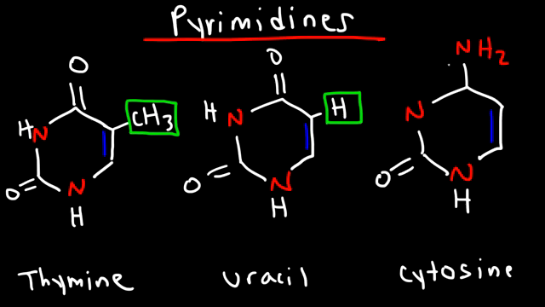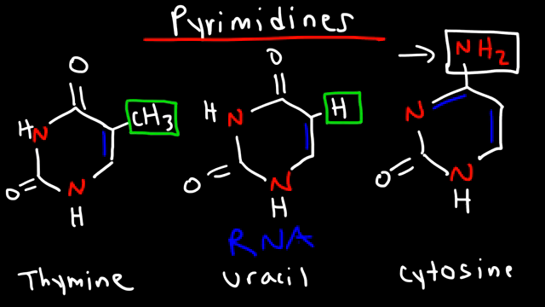It has this NH2 group in this position. In addition to that, it also has a double bond between positions 3 and 4. So those are the 3 pyrimidines that you may need to know. And just remember, uracil is found only in RNA, thymine is found only in DNA, and cytosine is found in both DNA and RNA.